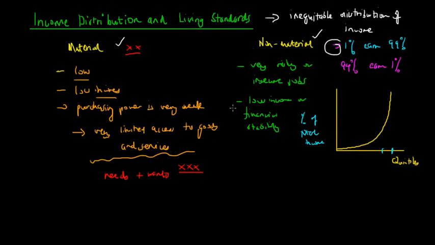So this means that they can't plan ahead, they can't have holidays to relax and to travel because they need to work so hard in order to provide a strong and sustainable financial base. Because they're on such a low income, they can't afford to go on holidays and they can't afford to take leisure time off. And possibly they can't afford to start families because they don't have enough money to cater for their children. And so that's going to be at the cost of their non-material living standards.